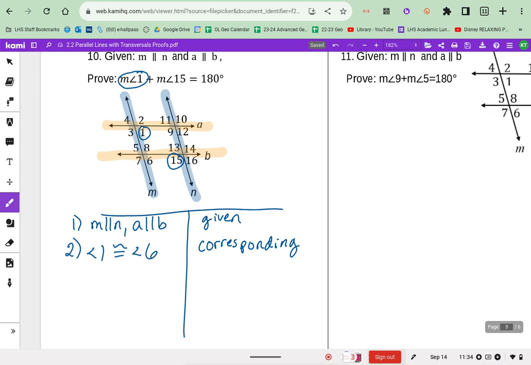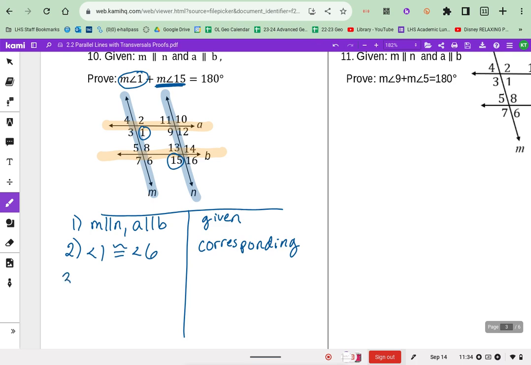All right. Okay, so now I'm looking back at my proof statement, and I'm noticing my proof has the measure of angle 15 in it, but we haven't talked about angle 15 yet at all. So look at your picture, and now you're thinking, does angle 15 have a connection to something I've already written about, like angle 1 or angle 6? Angle 6, what's the connection? Same side interior.